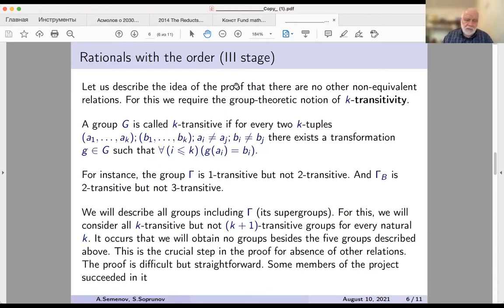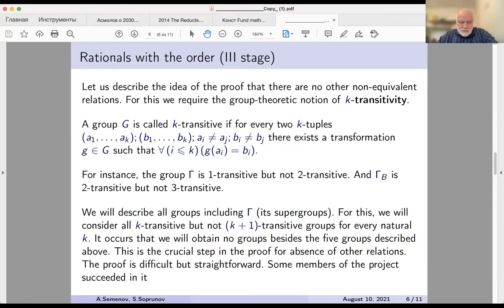For example, the group gamma A, consisting of all monotonous continuous transformations, of course, can translate any rational point to any other rational point.